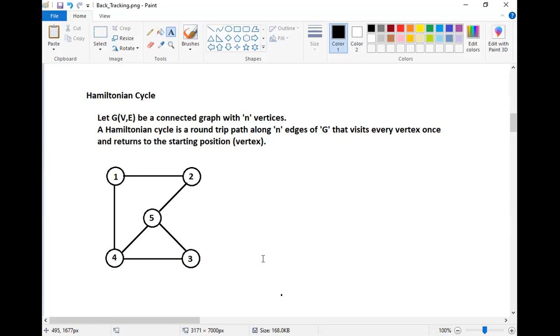Assume that from vertex 1, I move on to vertex 2. Let me show you with different color lines. Now from 1 to 2, I can go. Correct? Okay, then from 2, where else can I go? Are there many possibilities or only one? Only one possibility, that is towards 5.